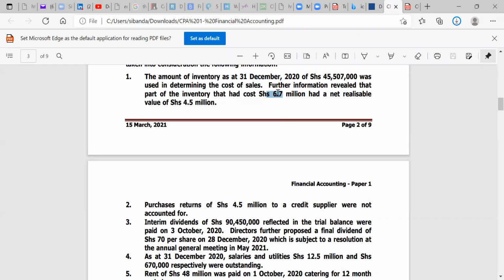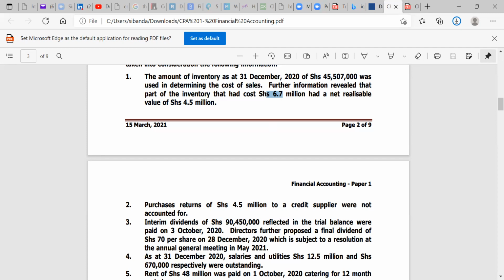Since we posted 6.7 instead of 4.5, the difference, which is 2.2, is supposed to be removed from our profit because we overvalued our inventory, which brought a higher profit.